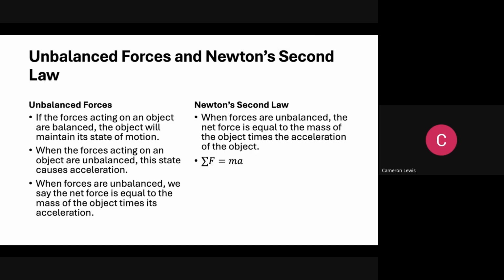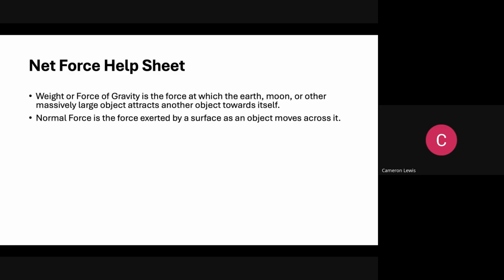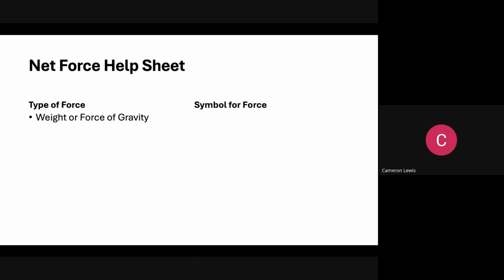Go over just a little bit more. Newton's second law. So from Newton's second law, we were able to calculate the force due to gravity, which is mass times G. What is G? An acceleration.